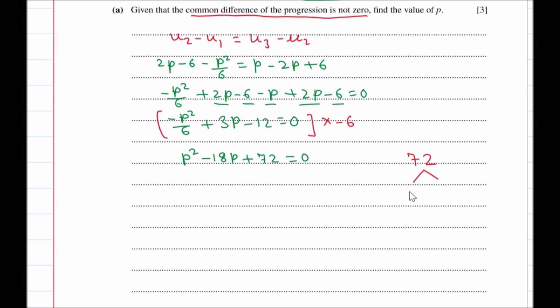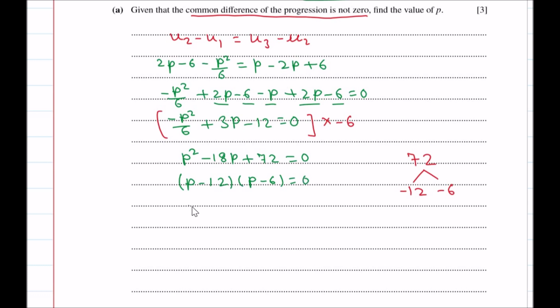If I take minus 12 and minus 6, minus 12 minus 6 gives us minus 18. If we multiply, we get plus 72. So that means this is going to work. So we will write p minus 12 into p minus 6, and that is equal to 0.